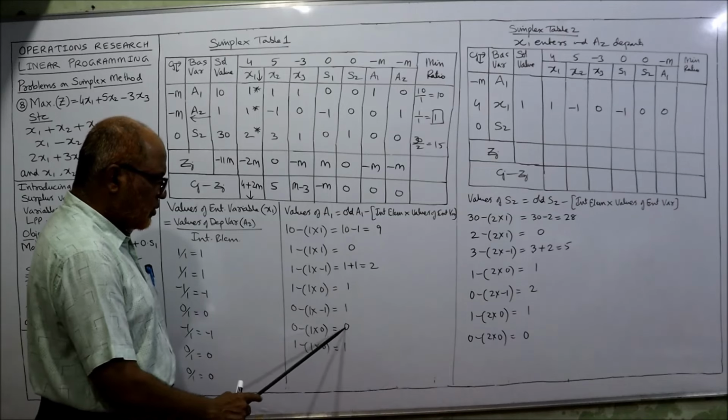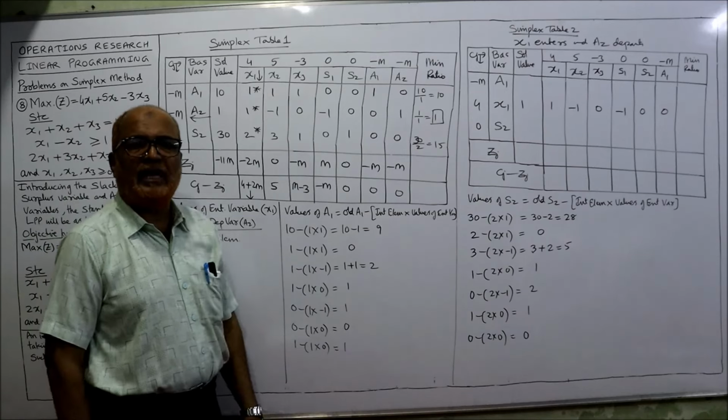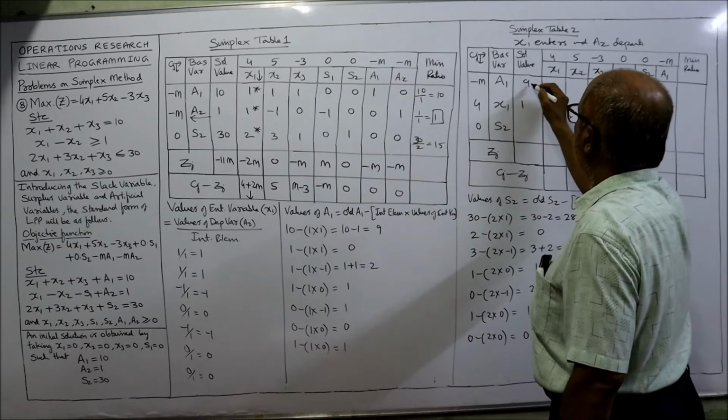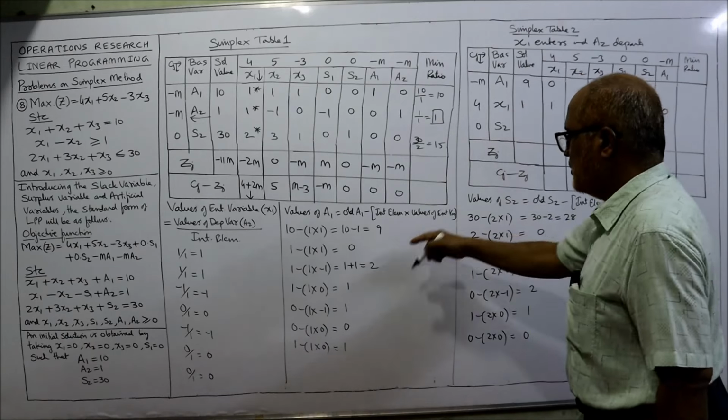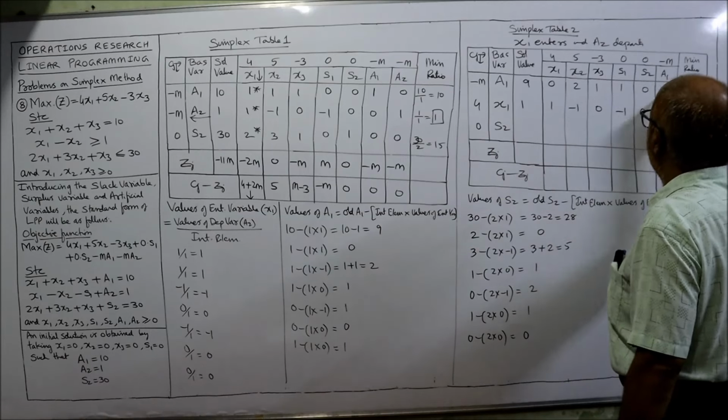Then 0 minus 0, 0. 1 minus 0 is 1. So the values of A1 are 9, 0, 2, 1, 1, 0, 1.